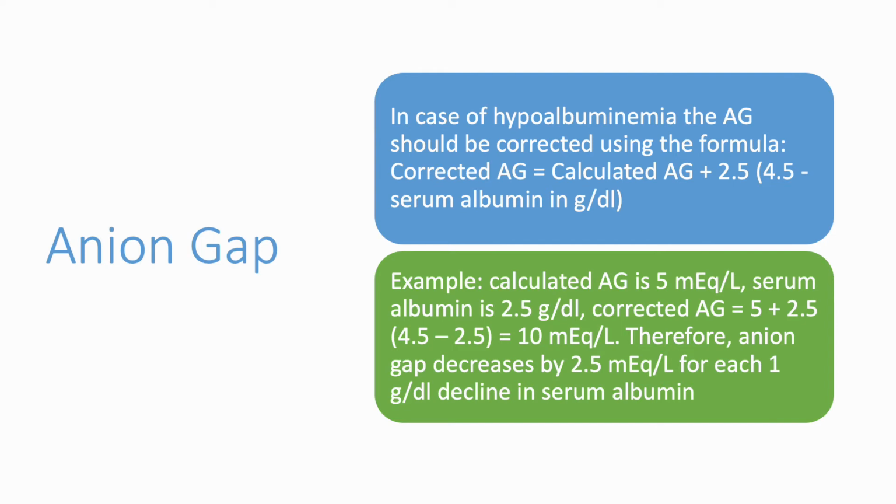We said for each gram decline in albumin, the anion gap declines by 2.5, then 2.5 times 2 is 5, so the actual anion gap is 10. In other words, correct the anion gap for low albumin, because it's going to give you a falsely low anion gap.